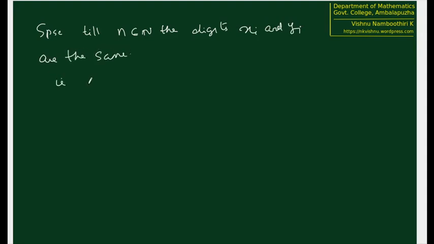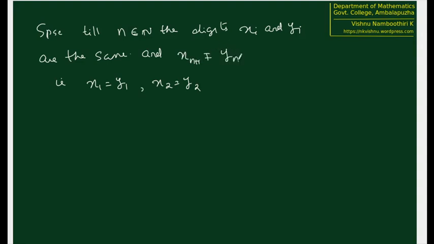That is, x1 equal to y1, x2 equal to y2, and so on, till n, which is a natural number, the digits are the same, and at n plus 1 they differ.